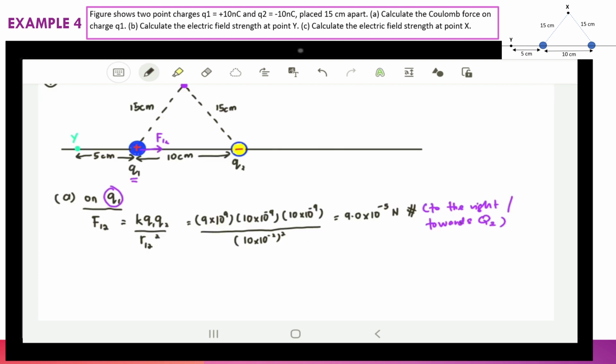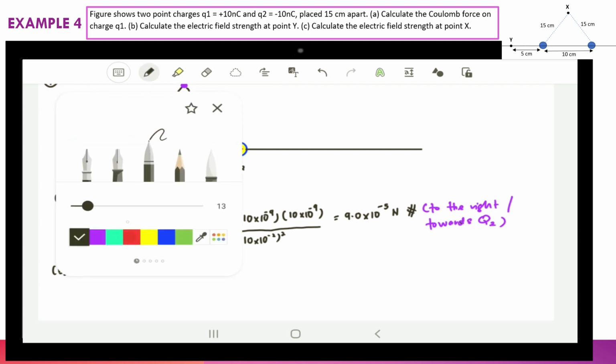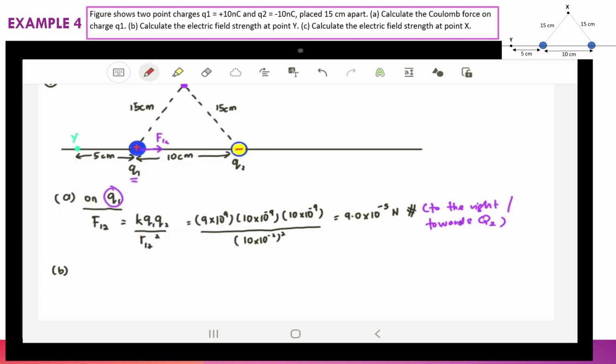Okay, so question B, we want to calculate the electric field strength at point Y. So before we start, we need to draw the direction of the electric field strength on Y due to Q1 and on Y due to Q2. Okay, so we consider Y as positive. So positive, positive. So the electric field on Y due to Q1 should be to the left.